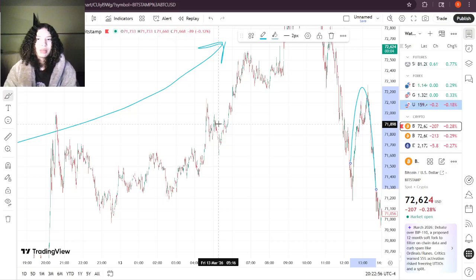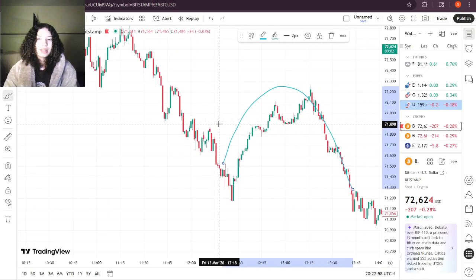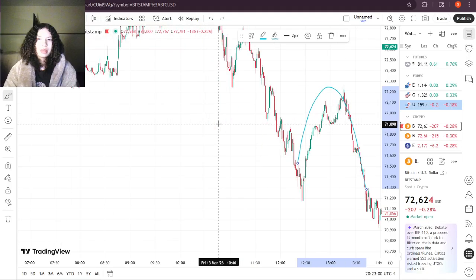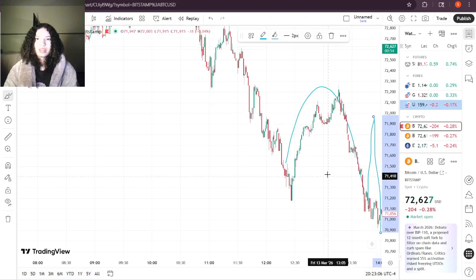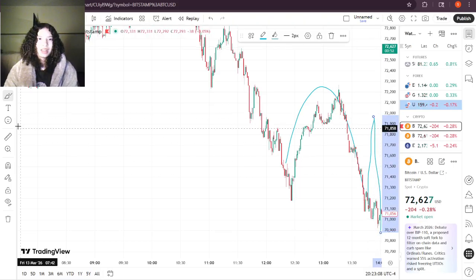The fall is steeper. I think within the next hour, we would probably see a similar thing. I think we would go up and then steep downwards. But how long did it take for that to happen?